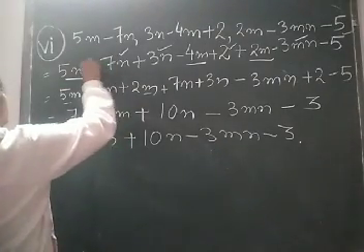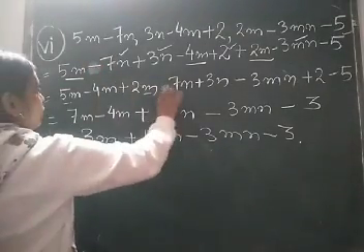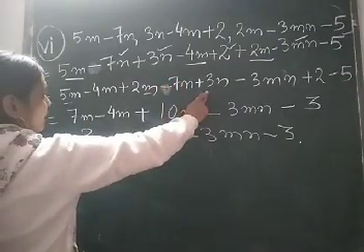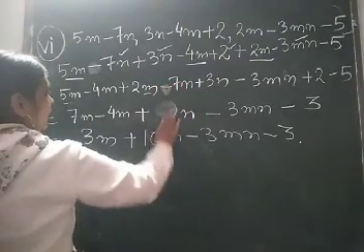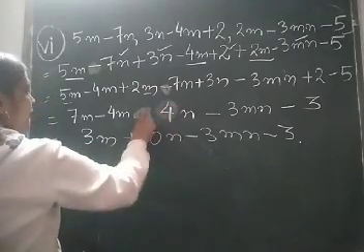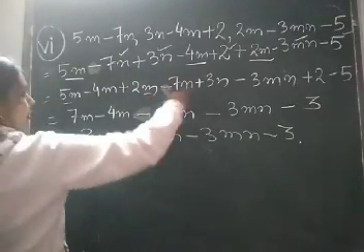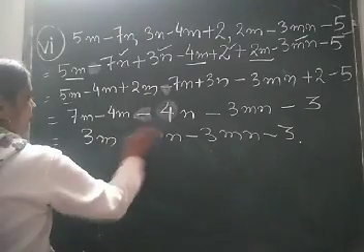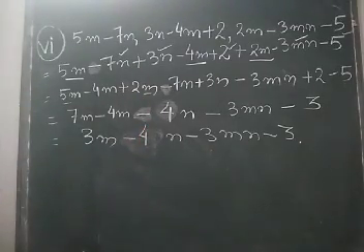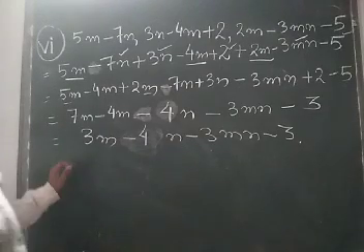Children, this is minus. So this is minus and plus minus becomes minus. So 7 minus 3 gives us 4 and answer will be negative because 7 is greater than 3 and it is negative. So here it will be minus 4n. Rest all is correct. So this completes your sixth one.